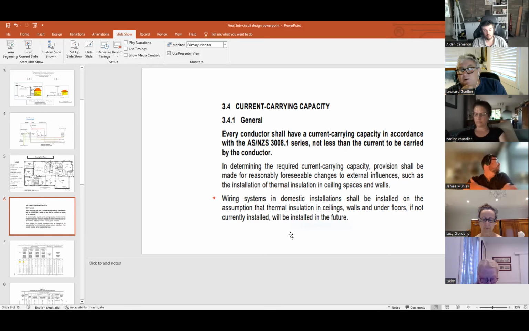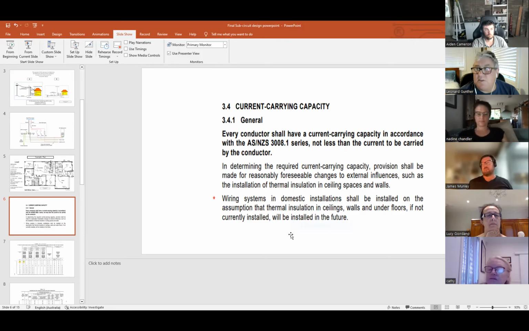A lot of people got hurt going up in the roofs: heat exposure, electrocution, and houses caught on fire because cables overheated. It was a total disaster. So now, as far as AS 3000 and the wiring rules that electricians have to work by, we have to assume that there is or will be thermal insulation in a house, so we cater for that from the start.